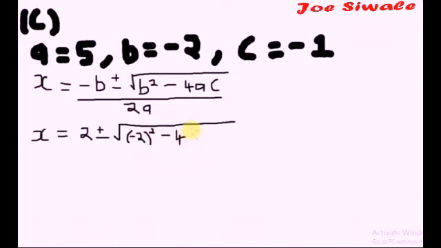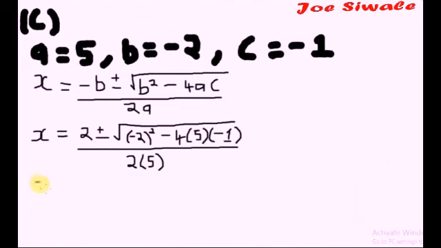Negative multiplied by negative gives a positive, so I have 2 plus or minus the square root of negative 2 squared minus 4 multiplied by 5, my a, multiplied by negative 1, my c, over 2 multiplied by 5.